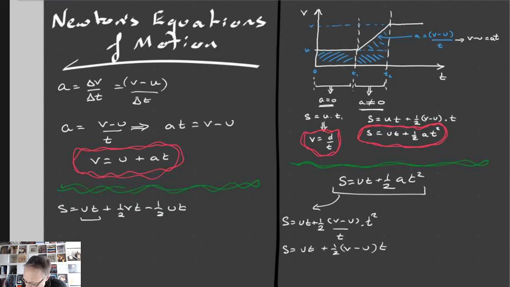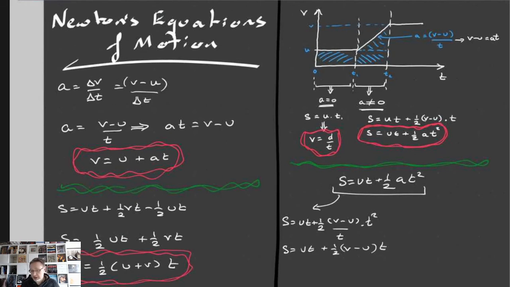All I've done there is taken the half into the brackets along with the t. Now I have a ut there and I have minus a half ut there. In other words, 1 ut minus a half of a ut gives me a half ut. So s is equal to a half ut plus a half vt. And there's a half t there, so I can write s is equal to half (u plus v) times t.